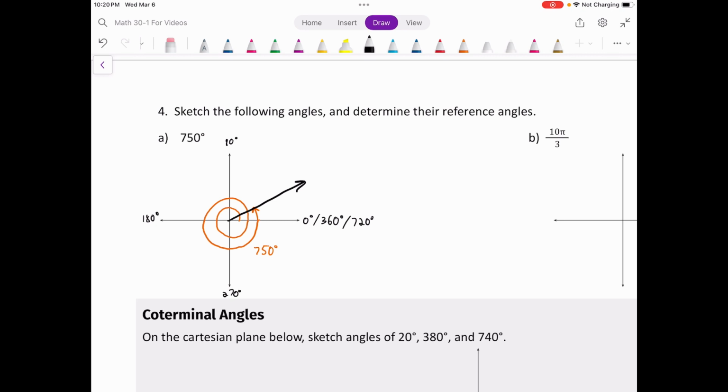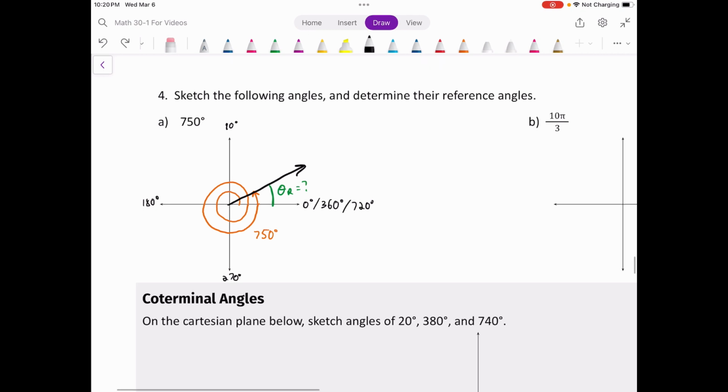We want to figure out what is the reference angle, theta r, right? Again, so that we could eventually, this is where we're headed, build a triangle and do some trig with it. Well, one way to look at this is just to start subtracting off rotations until you get to just a nice angle that's easier to work with.